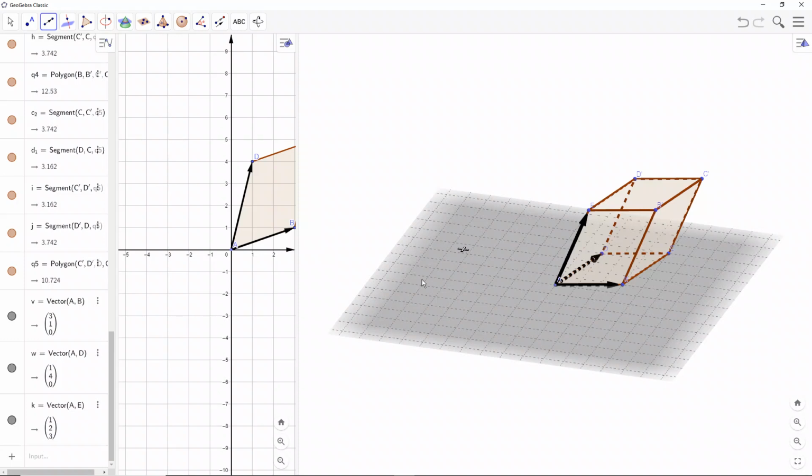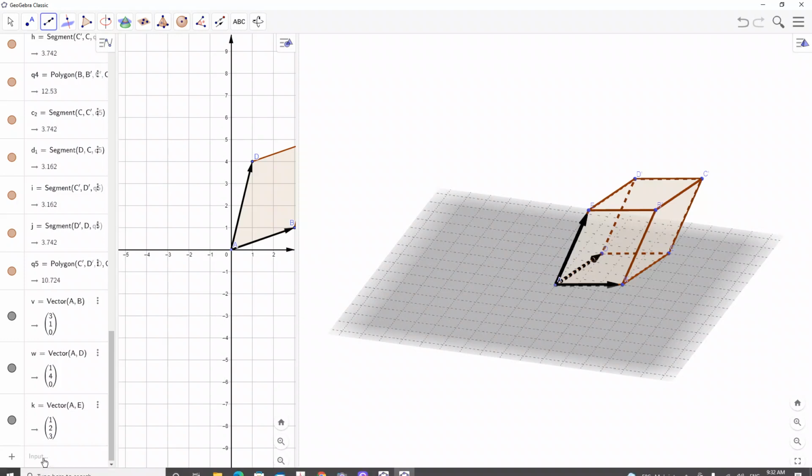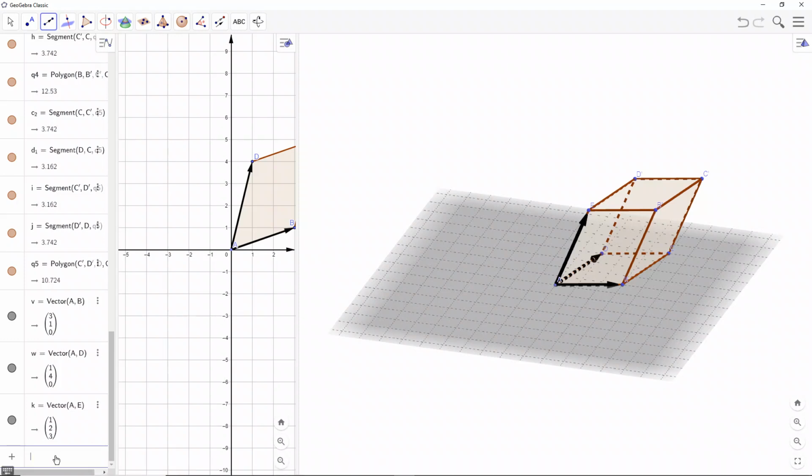I don't know what the names are, so hopefully I would write here cross, vector and vector. Which vectors are these? Do you see them? It is V and W, thank you. So V cross W, that is my cross product.